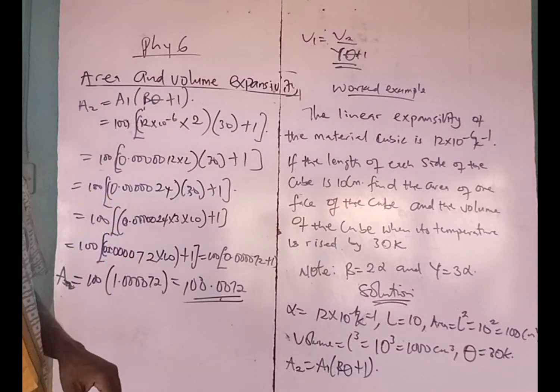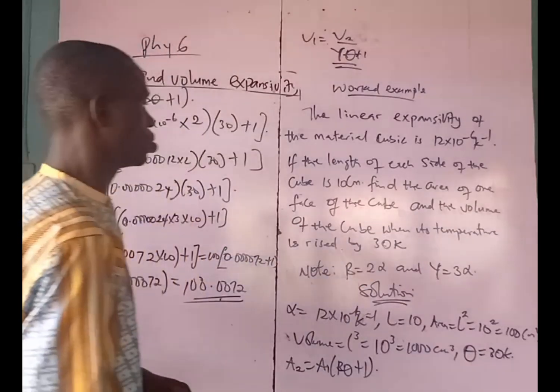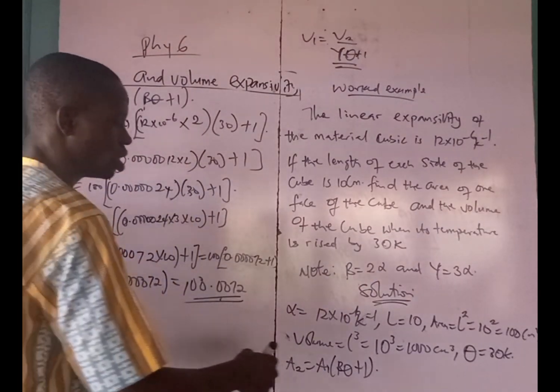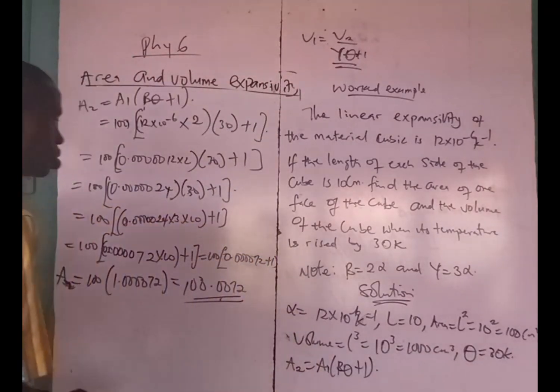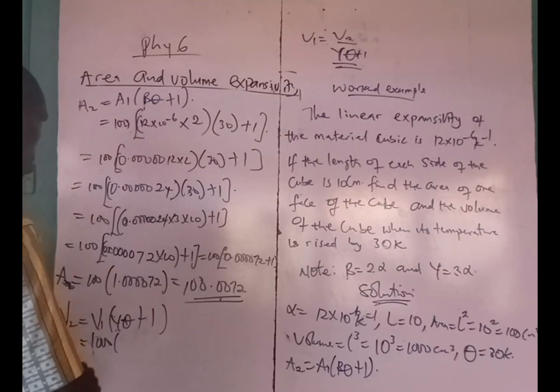Now let's do the second one, which is the volume. They said, and the volume. Of course, we have gotten the V1. This is our V1, 1000. So V2 equal to this is it.